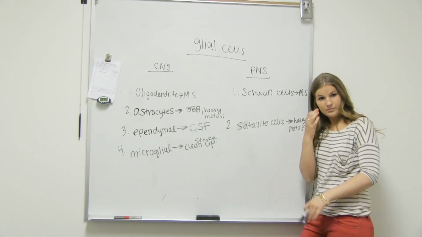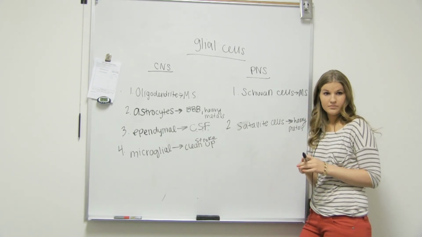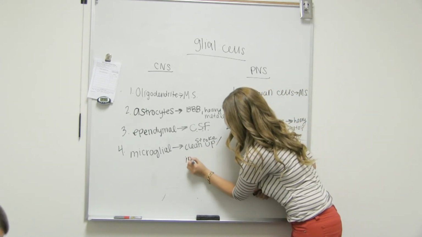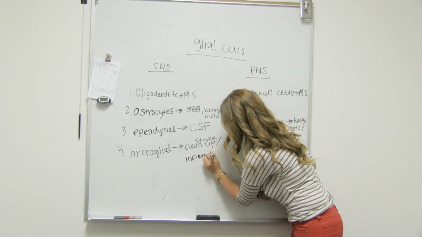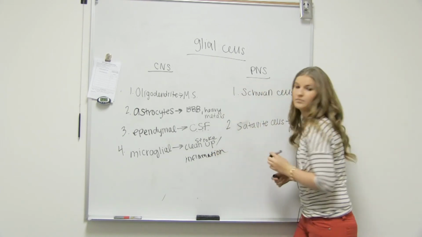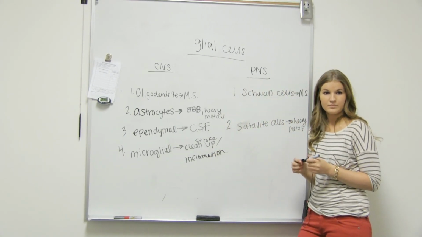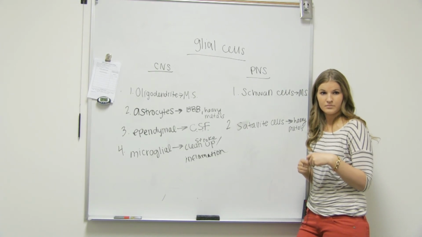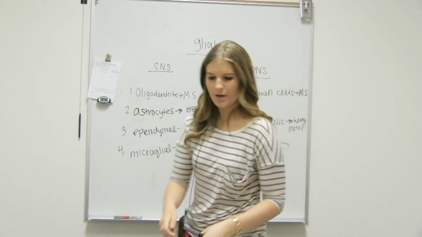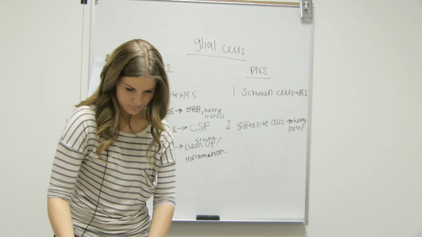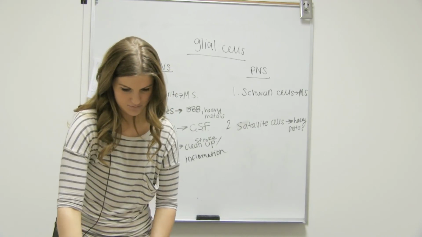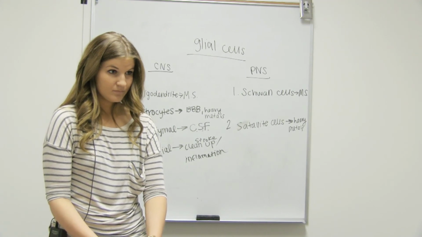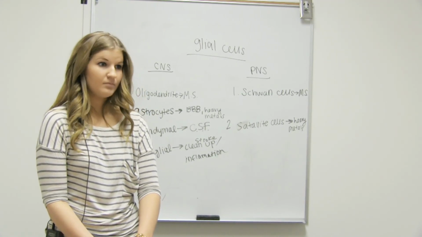I was reading that when you do an autopsy, you'll be able to see a lot of microglial cells, and that means they were going to a certain area to try to clean up.